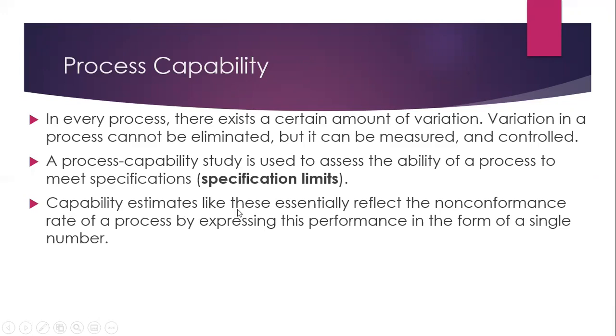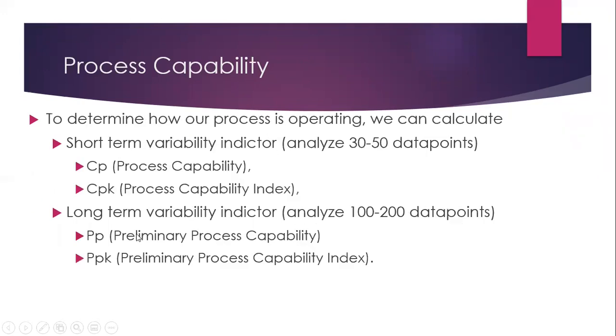Capability estimates like these essentially reflect the non-conformance rate of a process by expressing this performance in the form of a single number. To determine how our process is operating, we can calculate either short-term or long-term variability indicators. Short-term variability indicators are calculated by analyzing 30 to 50 data points.